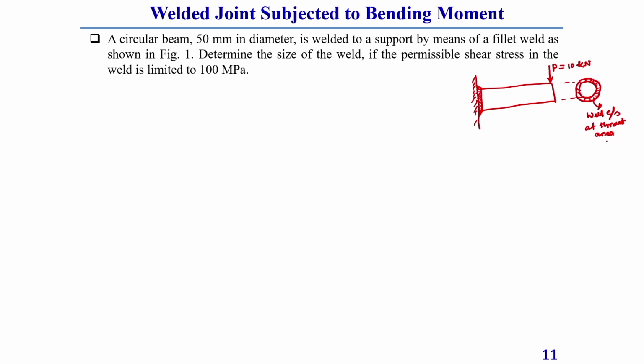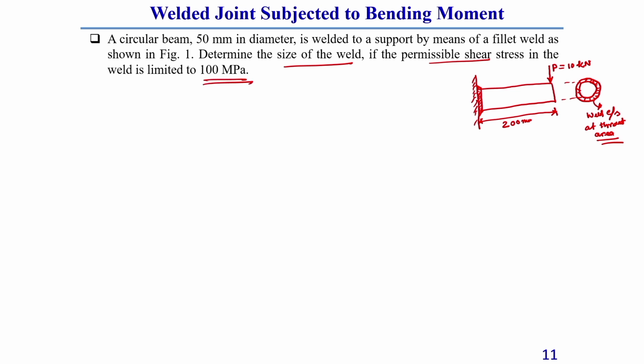I have already told you this is generally the throat cross-sectional area. It is called a cantilever beam because it is subjected to bending, correct. The length of this cantilever beam is 200 millimeter. Now we need to find out the size of the weld if the permissible shear stress is limited to 100 MPa.